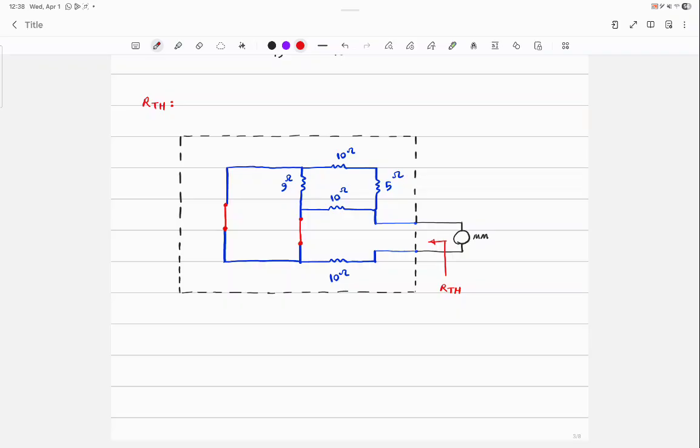If you don't see that immediately, if you don't see the 9 ohm is shorted immediately, what is the solution for that? Colors, different colors, okay? Then it will be much easier to detect them. Let's apply colors and see what I mean by that.